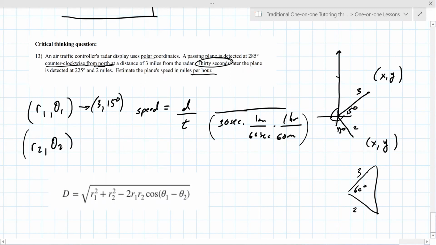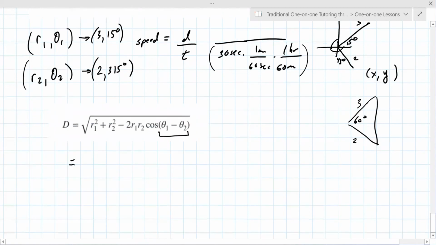The other one you get, let's see, 90, 180, 270, 315 degrees. So it's 2 comma 315 degrees. And they do say you can change the order of these. Oh, this is the law of cosines. It's interesting.